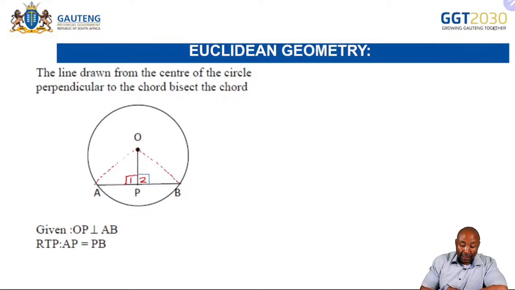So that is the first thing that you must do if you are supposed to prove a theorem. If there is no construction or construction statement, it's a 0. We stop marking because you can't do the theorem if there is no construction. What will you be basing it on? So there must be a construction or construction statement.